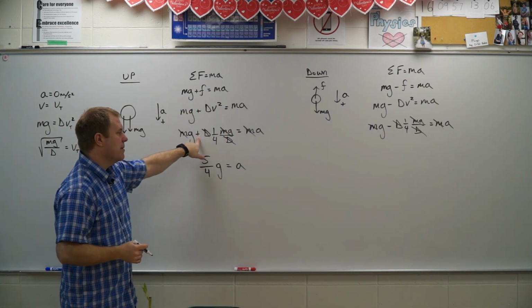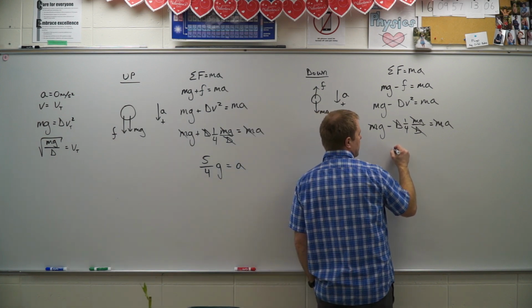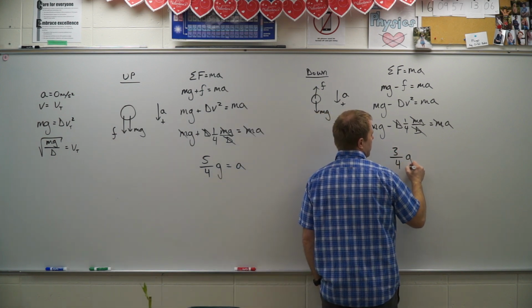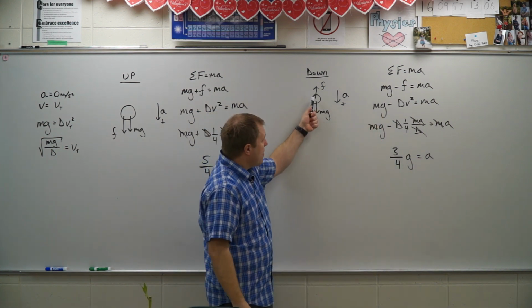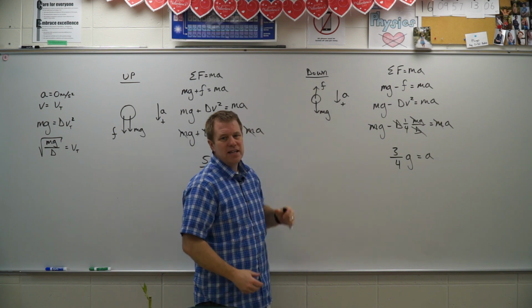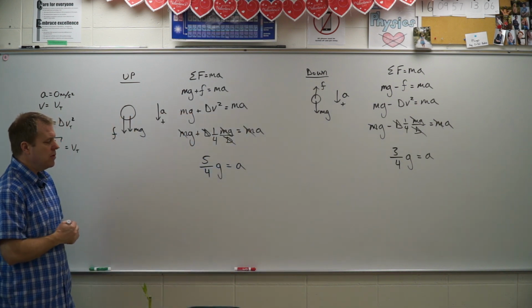The difference is here I had a plus, here I have a minus, so instead of adding the fourth, I subtract the fourth, and so I'm left with 3/4 of g is the acceleration, which would make sense because gravity is pulling it down, but the air resistance is repelling that, so it's slowing that acceleration. So there we go.